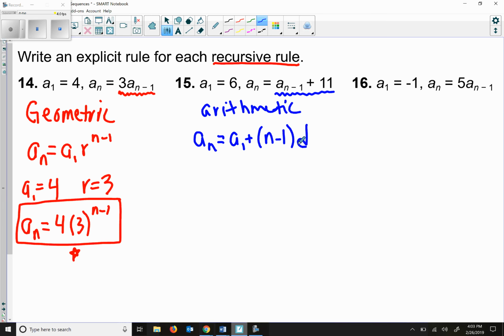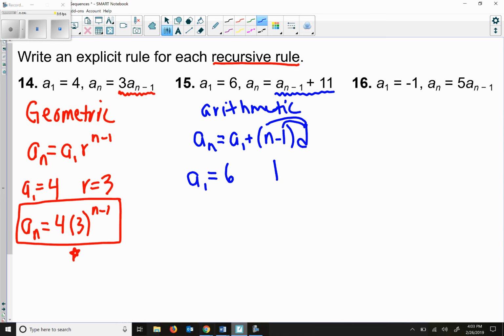Okay, now a lot of you might remember that we had to take this common difference and distribute it backwards. So maybe that's ringing a bell now. But this is the formula that we're going to end up using. So now, again, we have to use the information that we're given. We've got to find a sub 1, because that's going to take the place of a sub 1 in the formula, which is 6 for us.